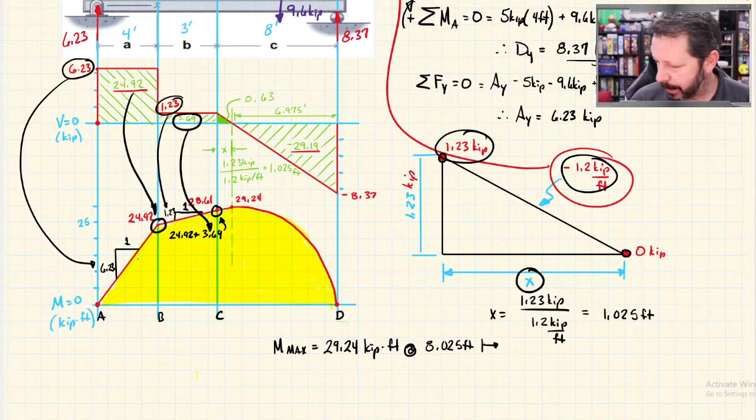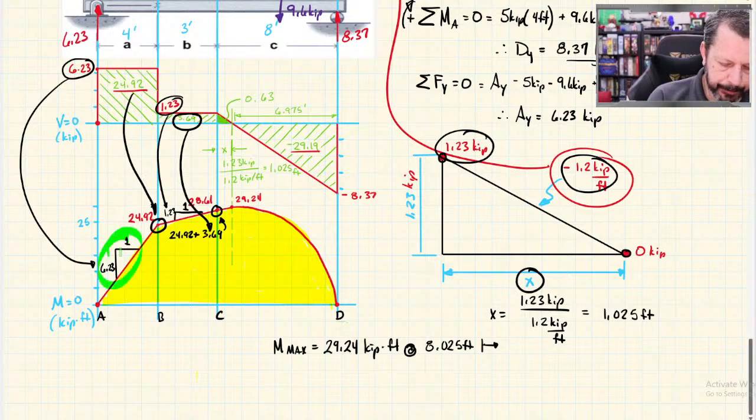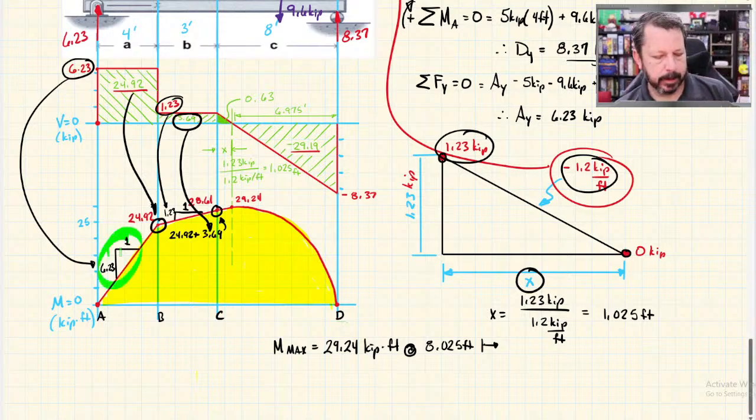So what I drew on here was this part right here, the slope in section A to B. The rise of that slope is the magnitude of the shear. The run is just 1, rise over run, and I just unitized it to 1.